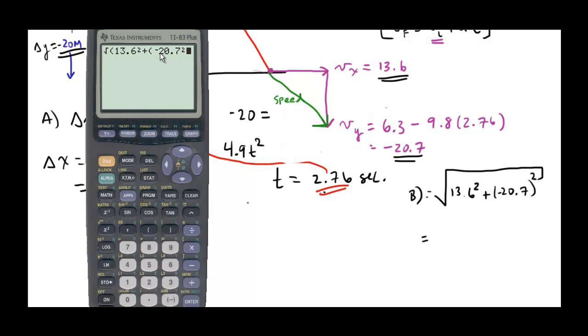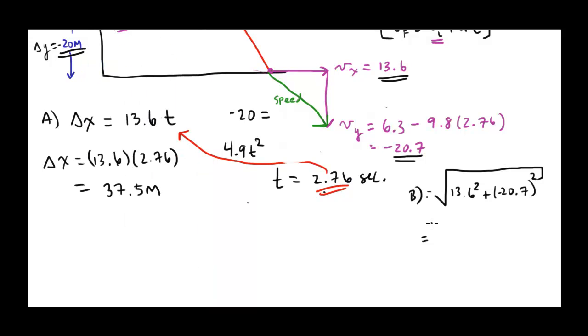So I need to put my parenthesis here, squared, close parentheses. Now it'll like my answer. I had to tell the calculator to square the whole negative number, right? So I get 24.8 meters per second. Okay, so that's the speed with which the ball lands.